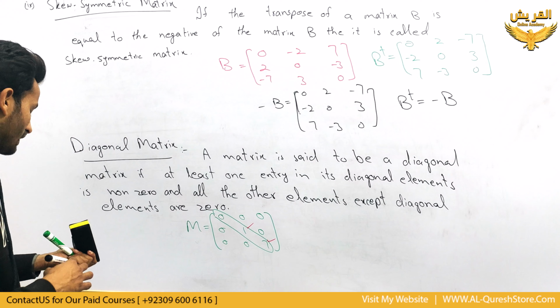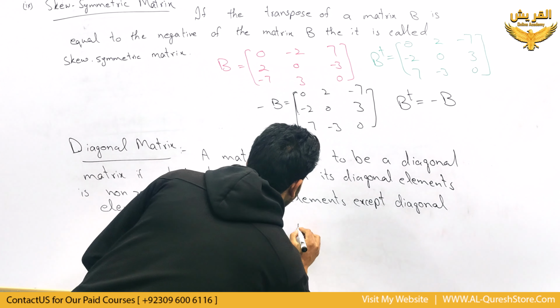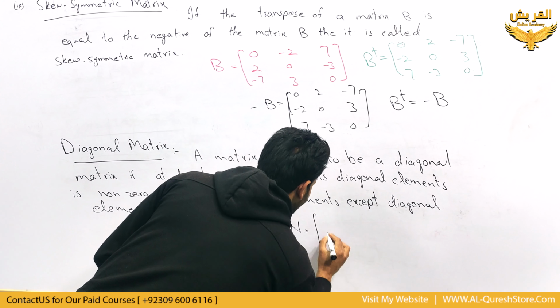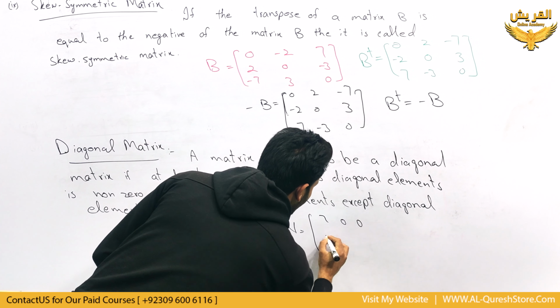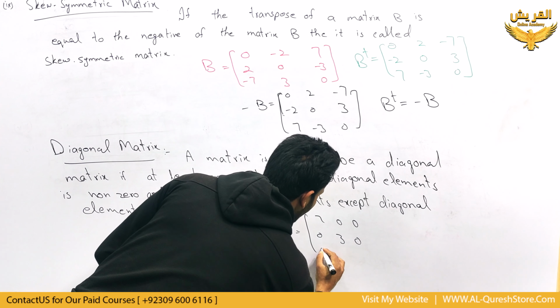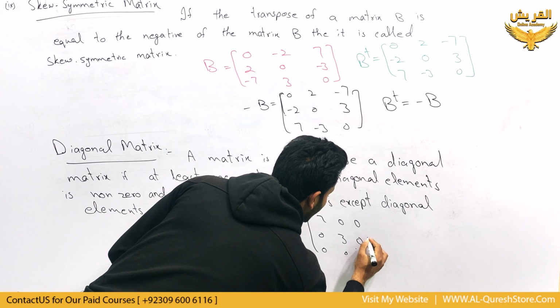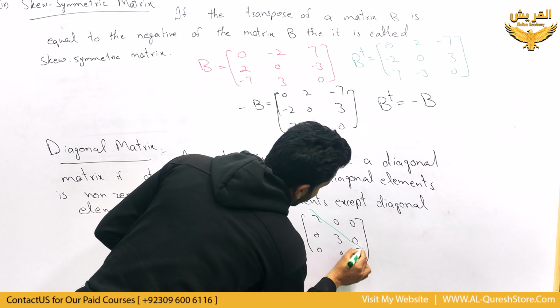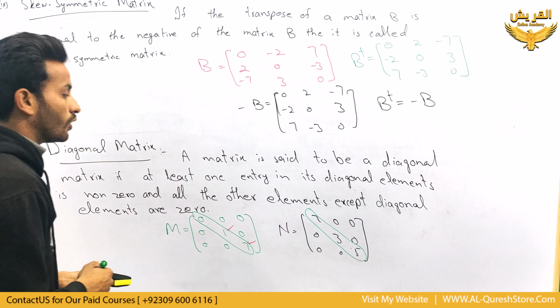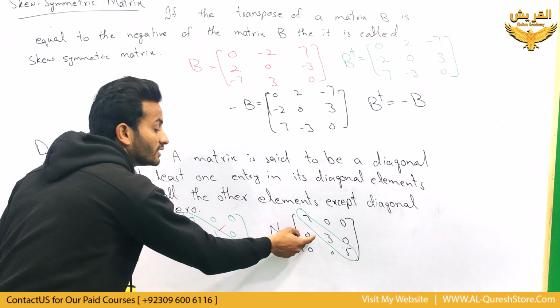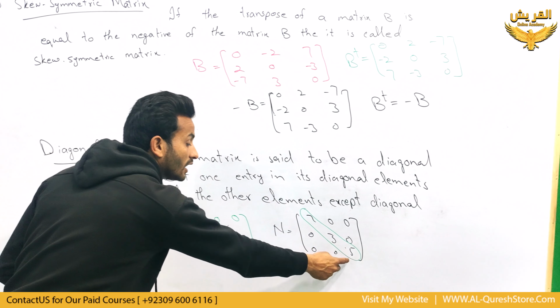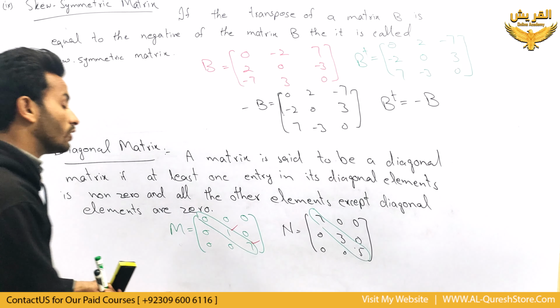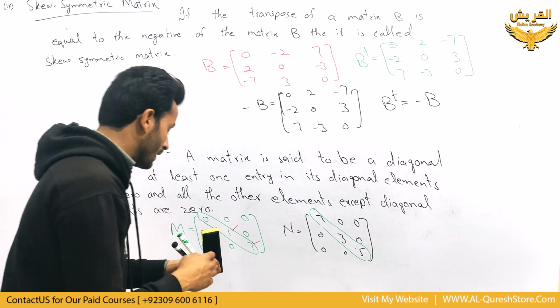For example, see the next one. N is equal to 7, 0, 0, 0, 3, 0, 0, 0, 5. You can see there diagonal elements are non-zero. At least one diagonal element is non-zero, but here all the three elements are non-zero. So this is also a diagonal matrix.